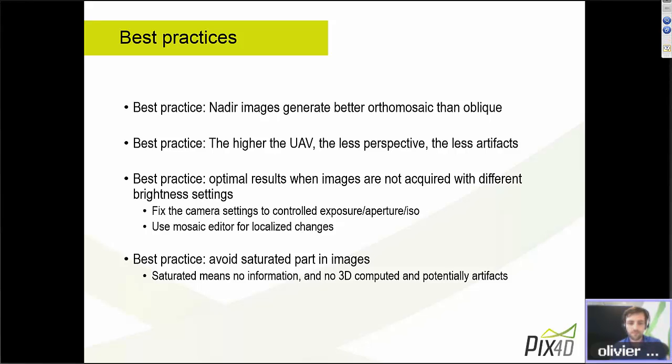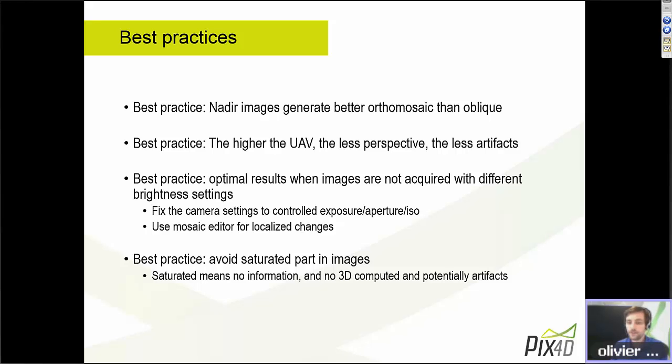Something also to remember is that, as I said in the beginning, the perspective depends on the distance between the camera and the object. The closer you are to the object, the effect of perspective increases not linearly but quadratically, meaning that the further you are away from objects, so the higher you fly your UAV, the less perspective you will have in your images.